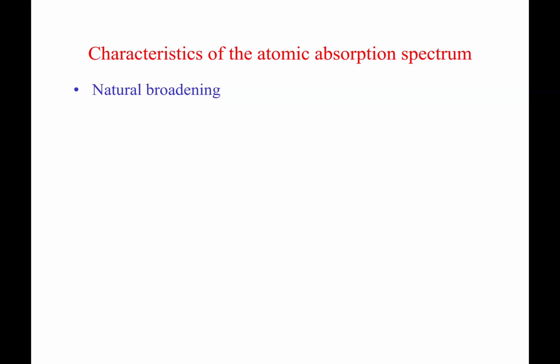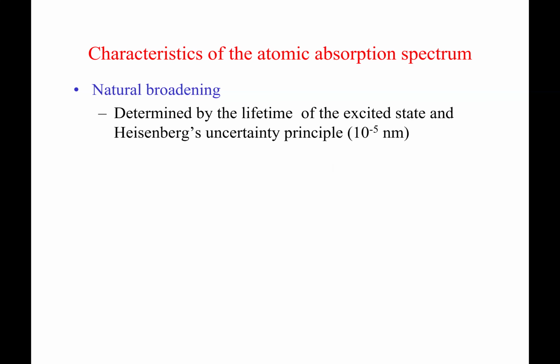Okay. So the three broadening factors will be natural broadening. As the atom absorbs, there are particular factors that come into play. There is natural broadening, which is determined by the lifetime of the excited state and Heisenberg's uncertainty principle. It's of the order of 10 to the minus 5 nanometers. What does that mean?